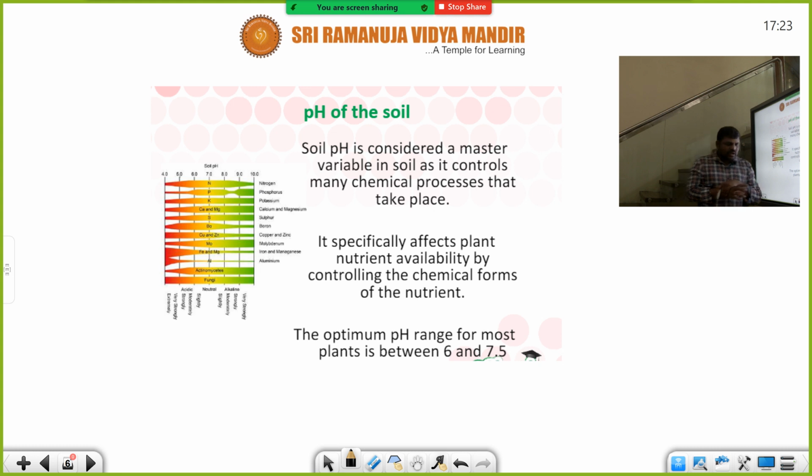If it is acidic, basic substances are used to remove the acidity. If it is basic, acidic substances are used. Soil pH specifically affects plant nutrient availability by controlling the chemical forms of the nutrients. The optimum pH range for most plants is between 6 and 7.5. More than 7.5, the basic nature increases. Less than 6, the acidic nature increases.